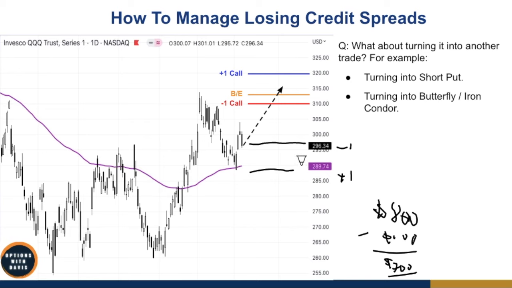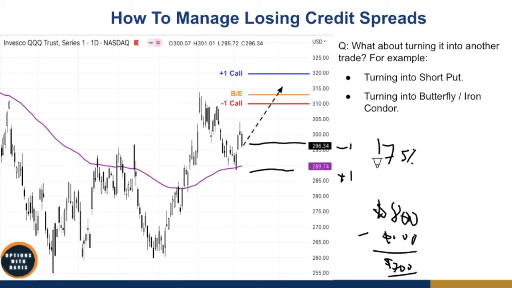But the problem with this strategy is that you have also reduced your probability of profit, right? When you put on this trade, your probability of profit should be maybe around 70% odd. Let's say 75% if you put on roughly a 25 delta for the short strike.